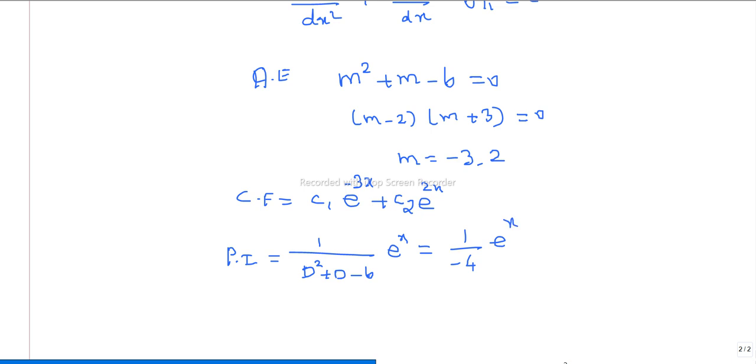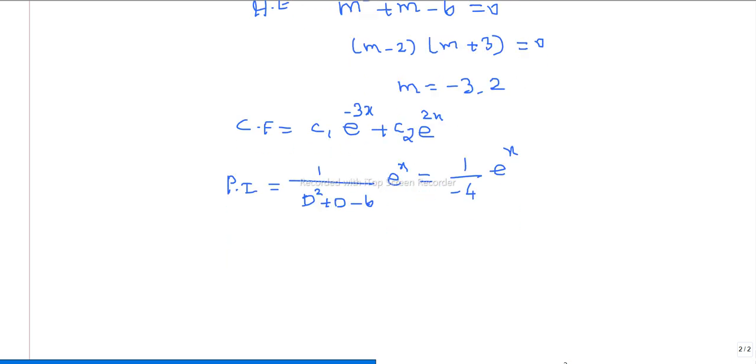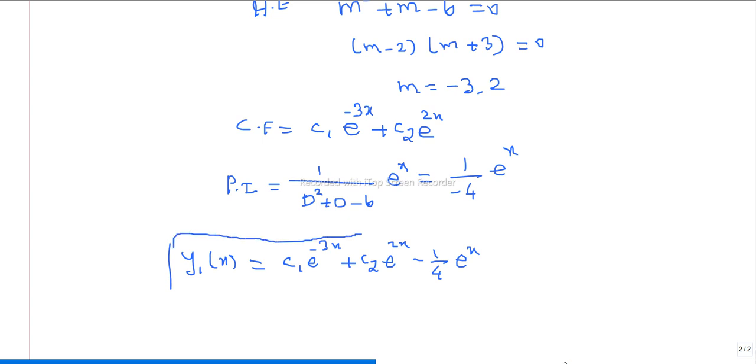Just add these two and you will get the solution. Therefore y1 of x equals c1 times e power minus 3x plus c2 times e power 2x minus 1 by 4 e power x. So this is the solution, maybe one of the options in this question.